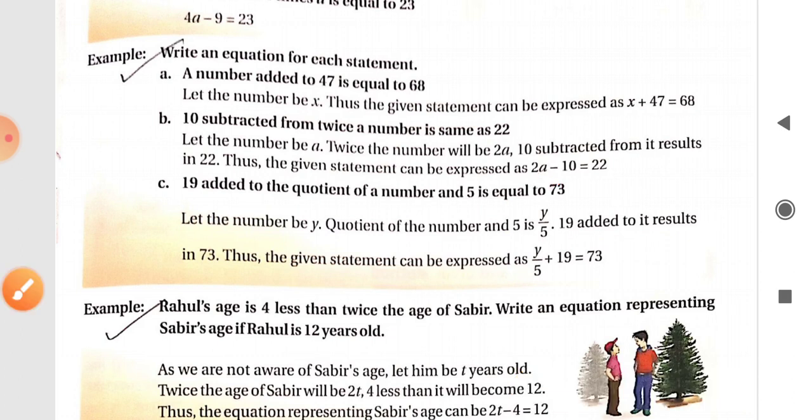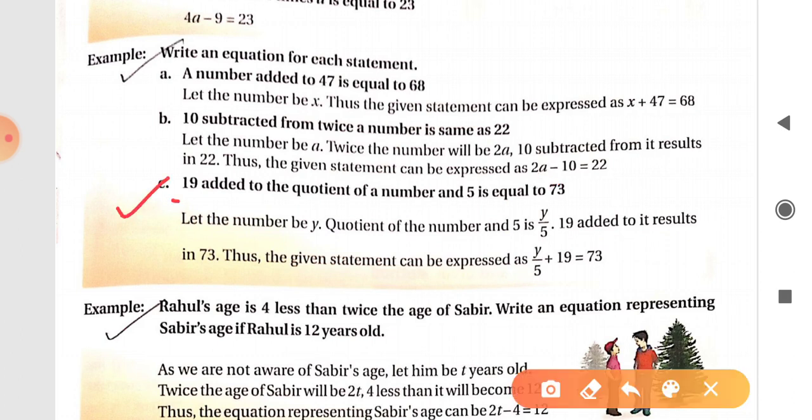Next example is C part. 19 added to the quotient of a number and 5 is equal to 73. We have to add 19 to the quotient of a number and 5. But we are not given any number. Then first of all we have to assume the number.